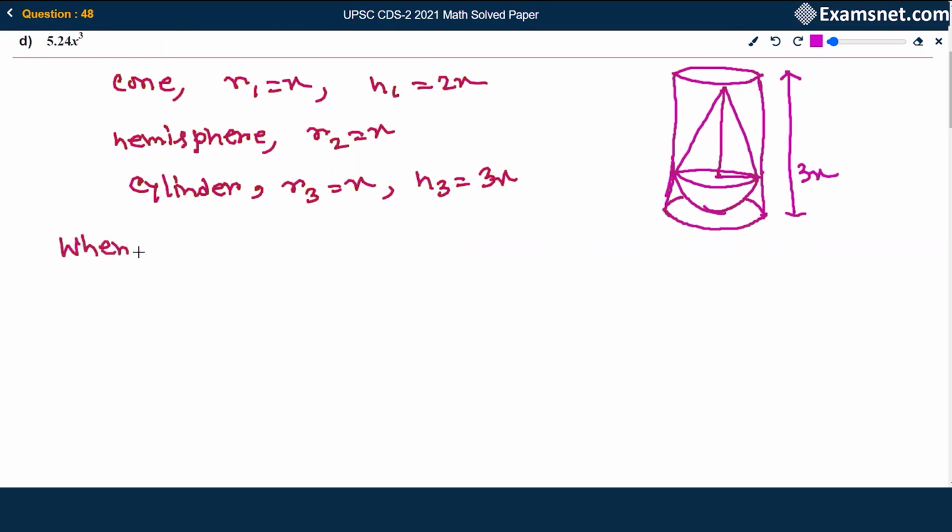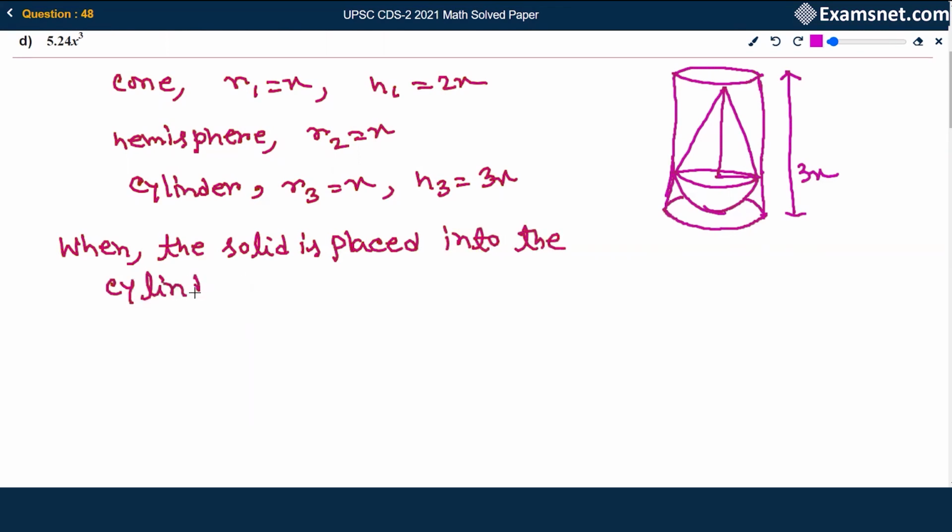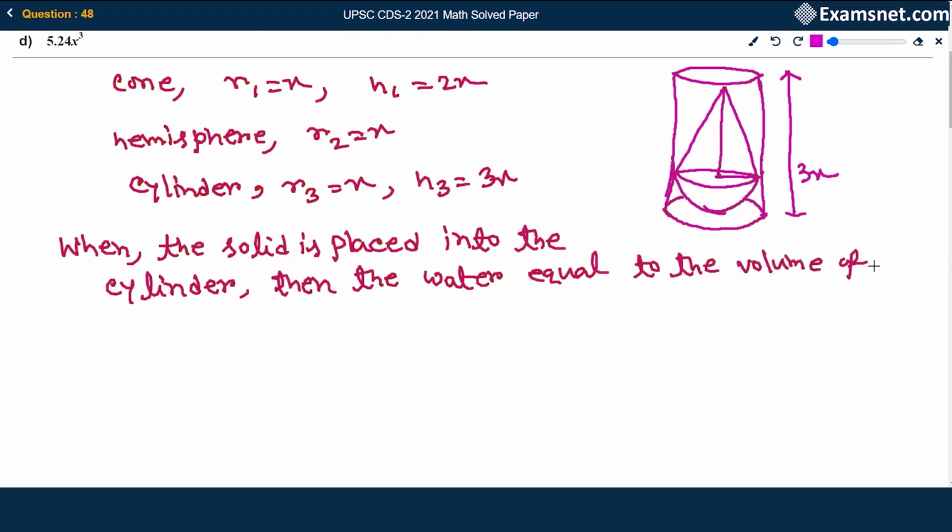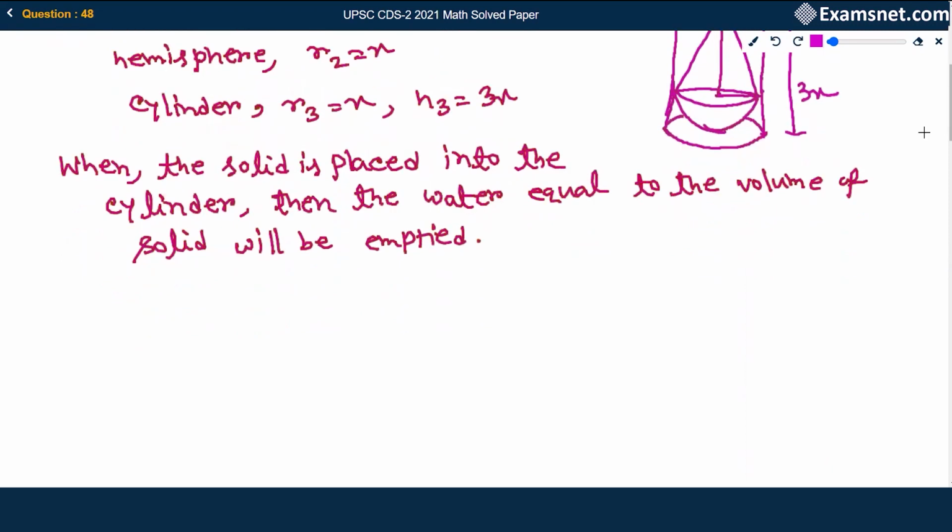So when the solid is placed into the cylinder, then the water equal to the volume of the solid will be emptied, right? So that will be overflowed or emptied.